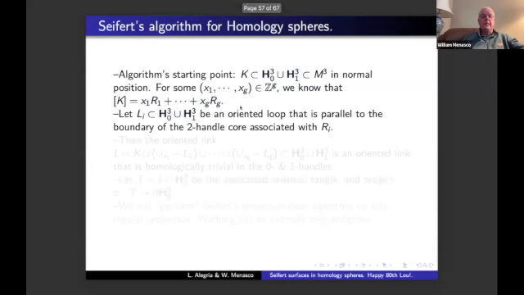All right. And what we do as a result of solving this equation right here, I'm going to let L1 be the oriented loop that is parallel to the boundary of the two-handle core that's associated with the R1 relator.